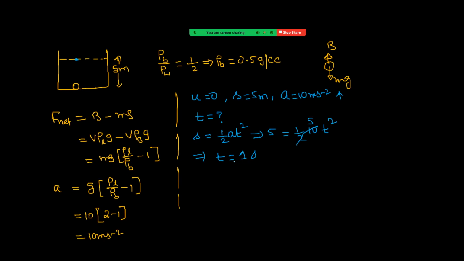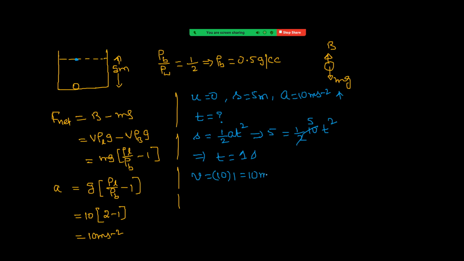But we want to calculate when it comes to rest temporarily. Now see what we can do. When it reaches the surface of liquid, its velocity equals a into t. A value 10, t value 1.